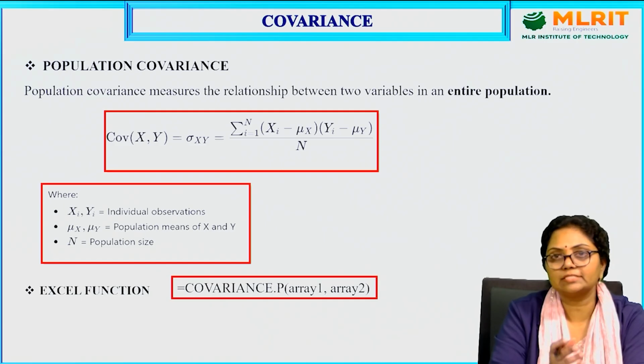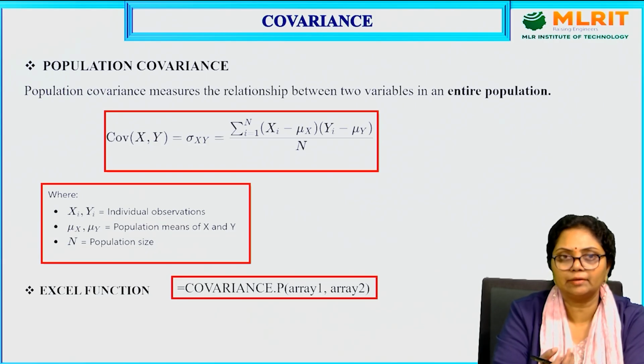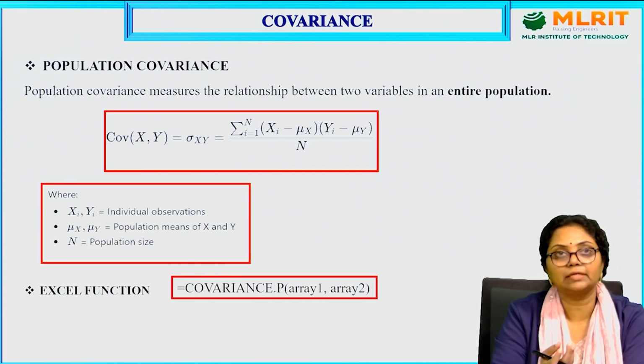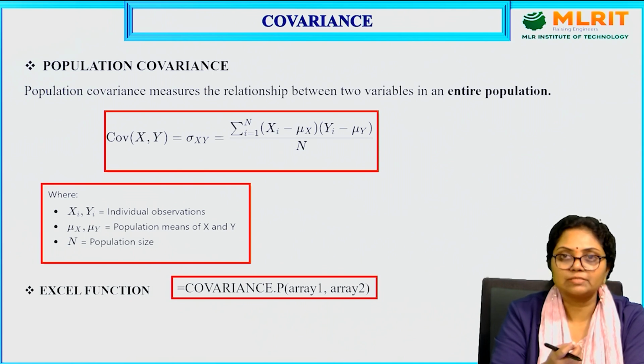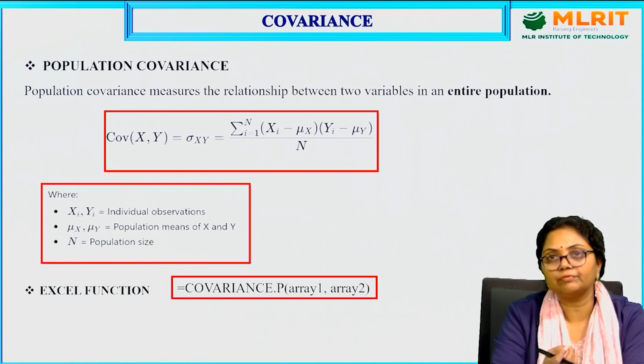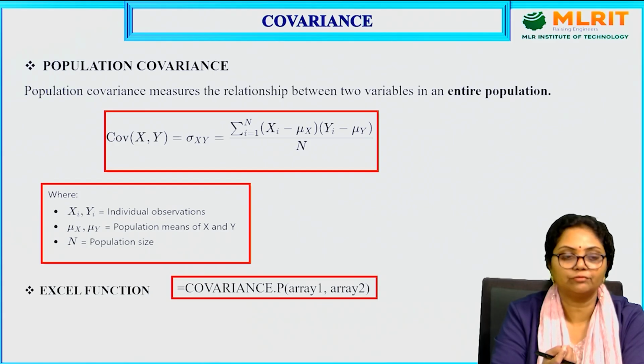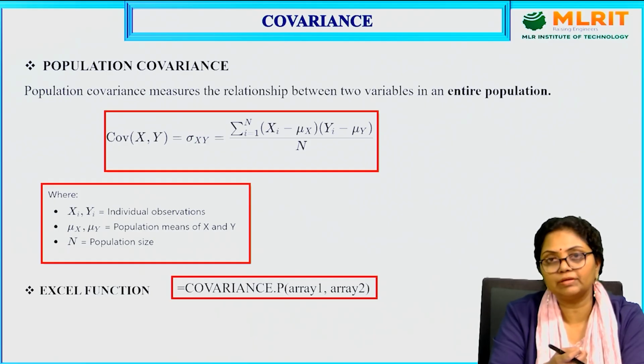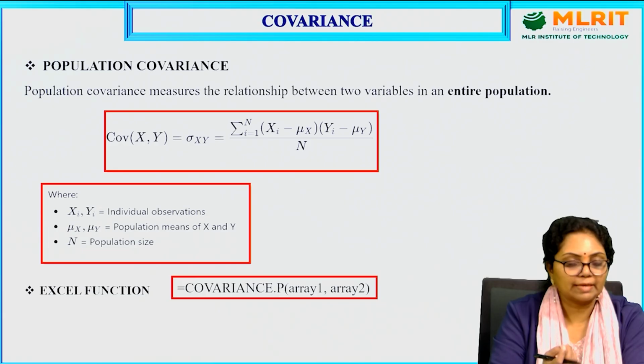That is called the population. If in that class we randomly choose any 10, 9 or 15 members, that is called a sample. For a sample we get one kind of answer, and for the population another. Accordingly, we have different formulas for population covariance and sample covariance.